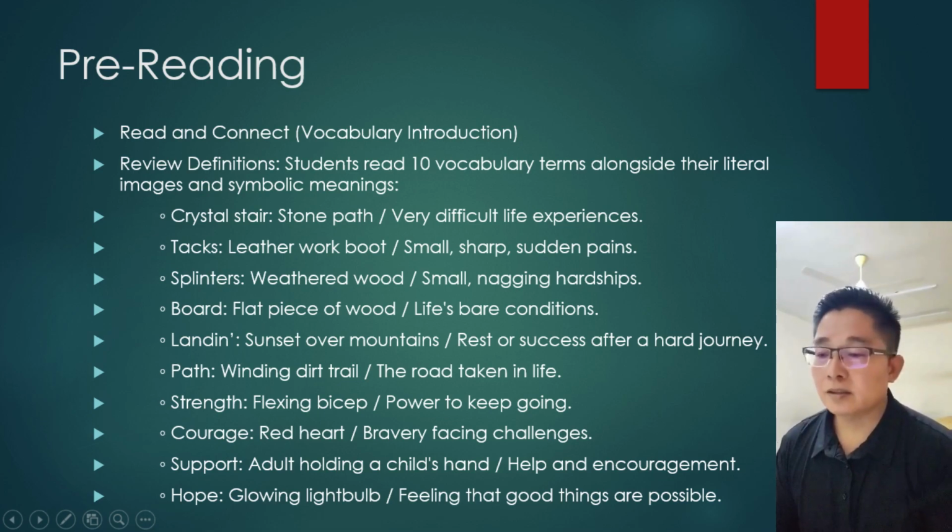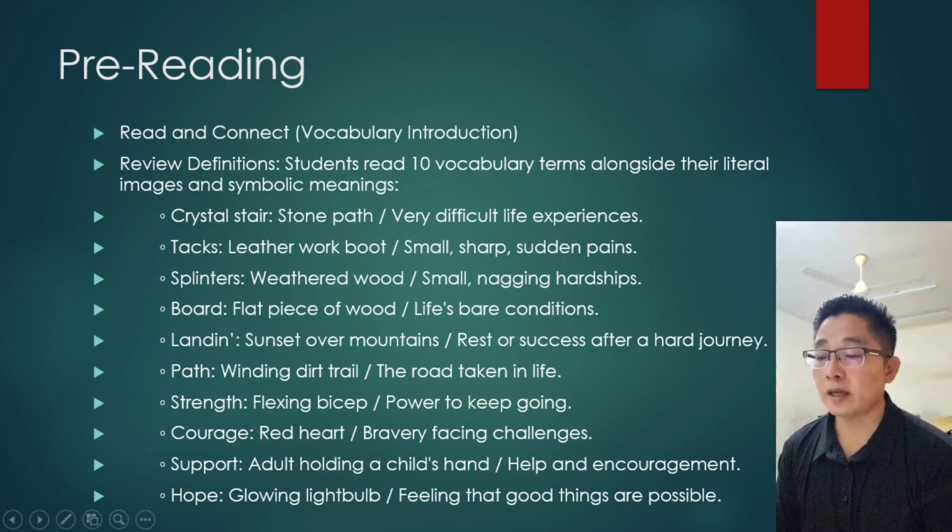The next thing the students need to do is to read and connect. This is the vocabulary introduction. So review definitions. Students read 10 vocabulary terms alongside their literal images and symbolic meanings. Okay, the first one is crystal stair, and the meaning is very difficult life experiences.